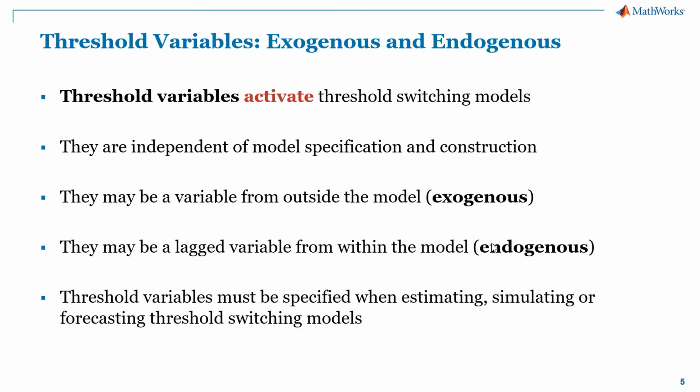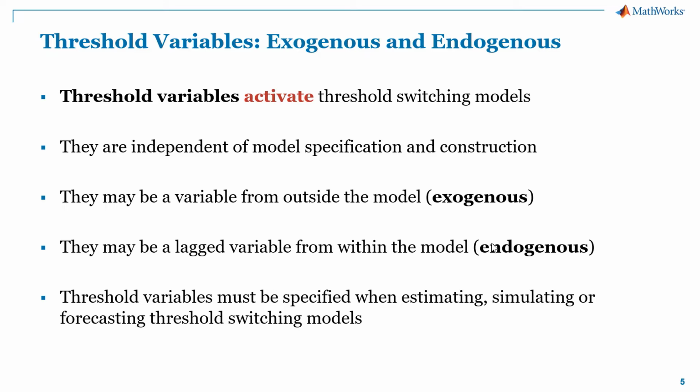Now, I'd like to point out something about these threshold variables before we go on and actually put together the pieces of a threshold switching model. The threshold variables that you saw overlaid on those threshold transition plots are not actually a part of the model itself.